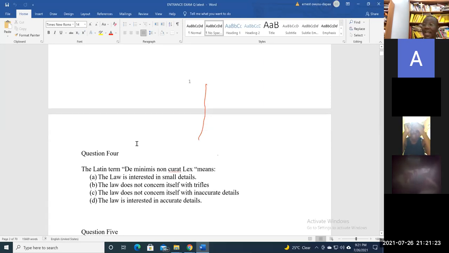Okay, we come to a little bit of legalities or Latinate expressions. The Latin term de minimis non curat lex. Somebody will ask, so how can we know which Latin expressions are going to come? I mean, it's very simple.